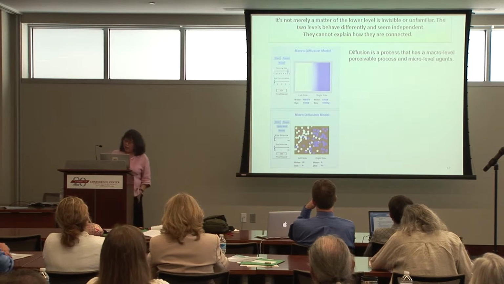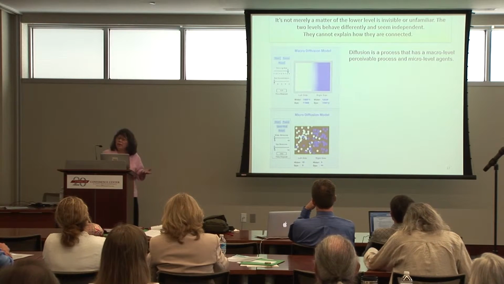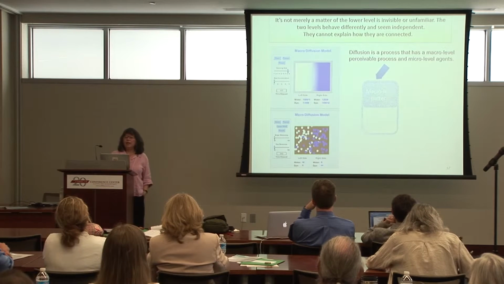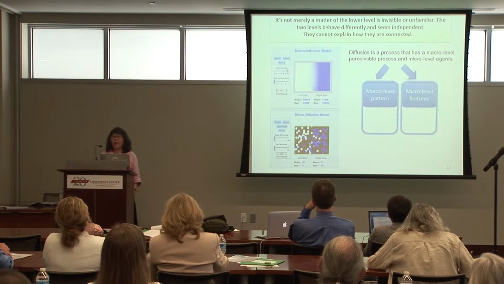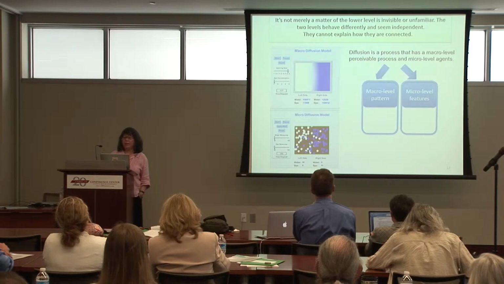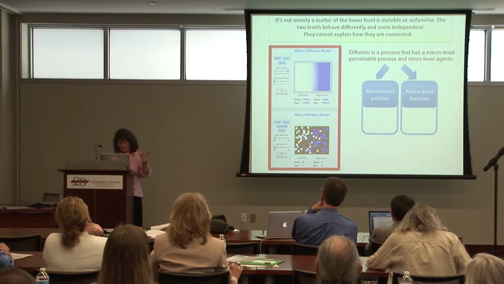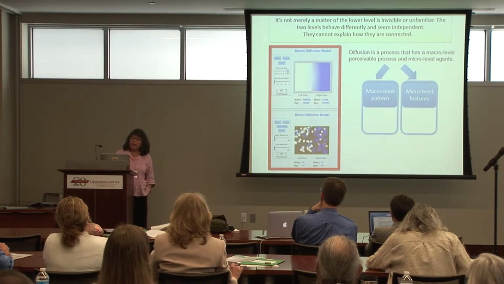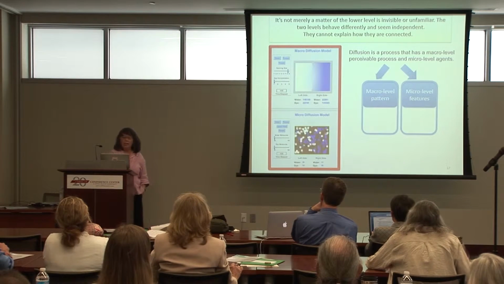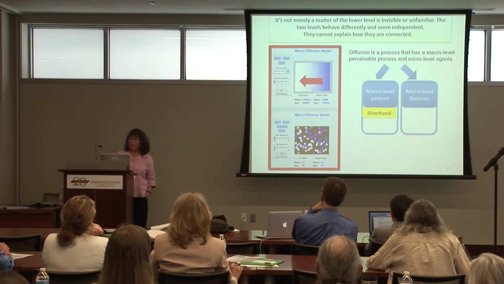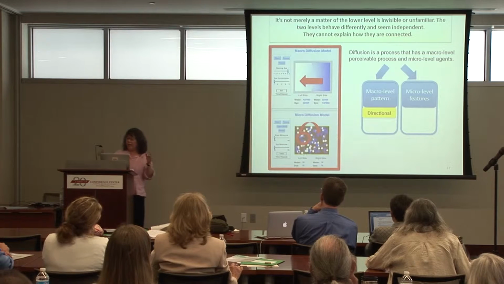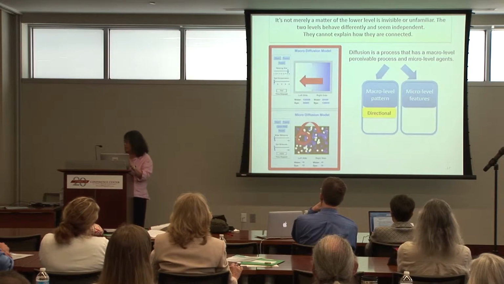So it's not merely that the lower level is invisible or unfamiliar. The two levels behave in totally different ways with different attributes and behavior. So they cannot explain how one causes the other. So look at the simulation. When you run the simulation on both the upper and the lower side, on the upper side you will see the flow going from one side to the other. But on the bottom side, you can actually see molecules going in the opposite direction.